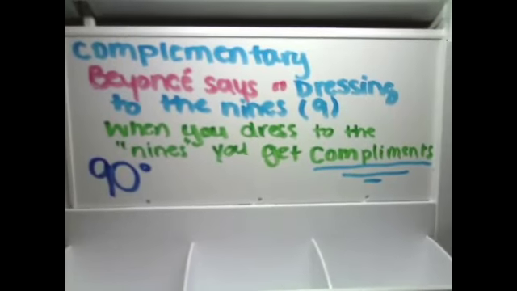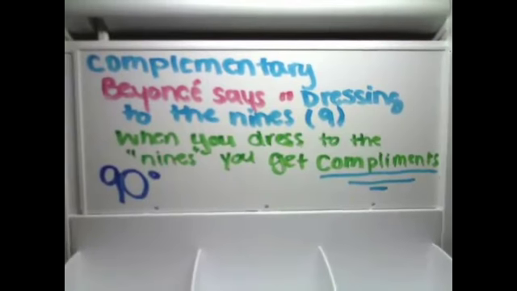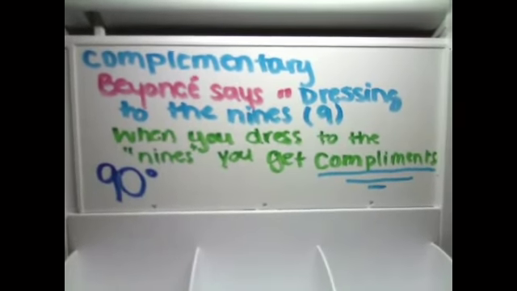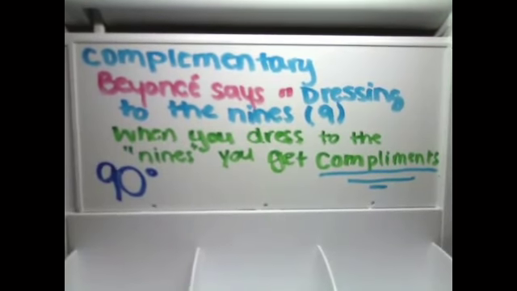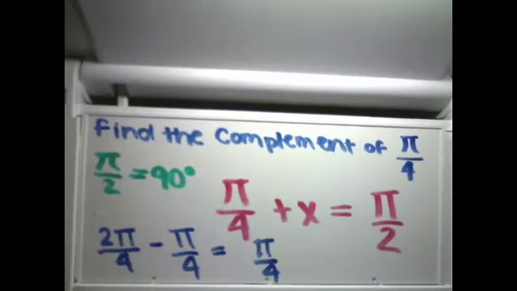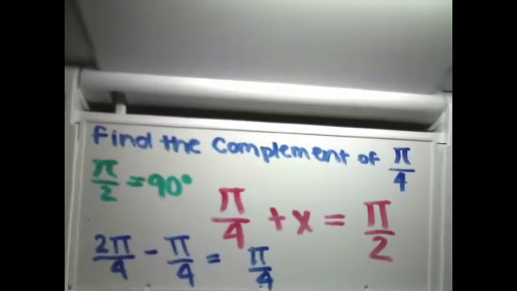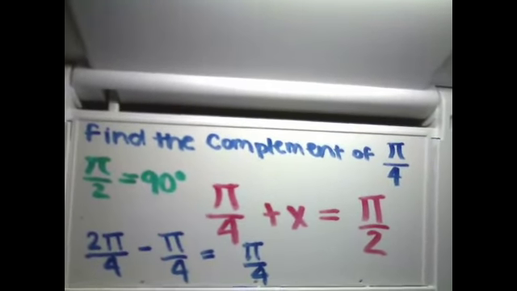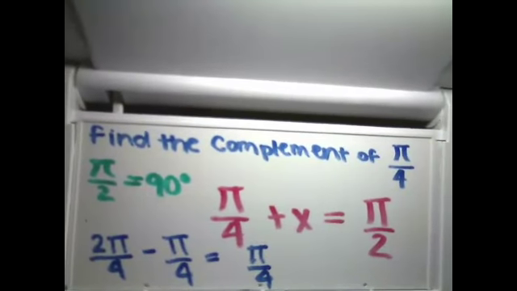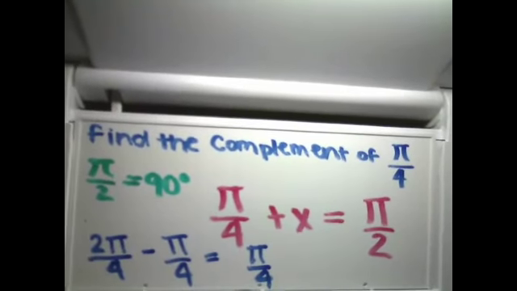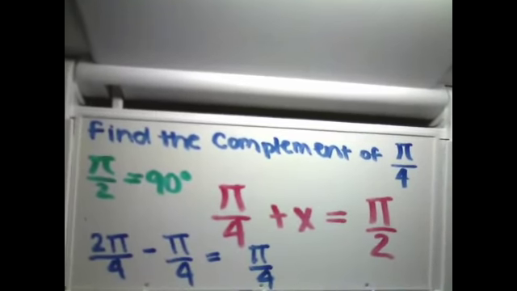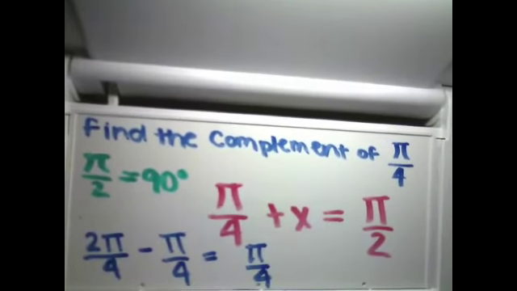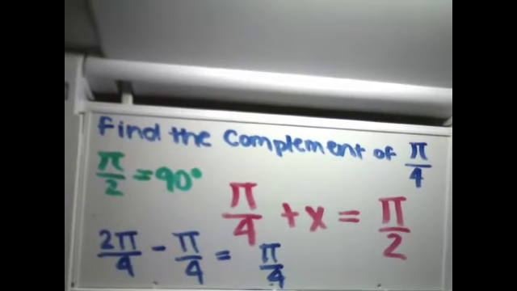Complementary angles. When you dress to the 9s, you get complements. 9, 90, 90 degrees. Complementary angles equal 90 degrees. Now let's find the complement of pi over 4. Remember, pi over 2 equals 90 degrees. Complementary angles equal 90 degrees. So let's see. Pi over 4 plus the unknown, or x, equals pi over 2.